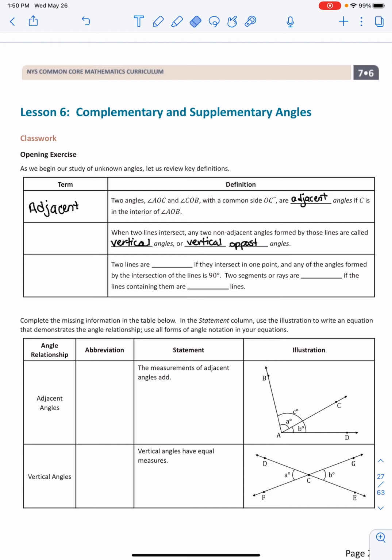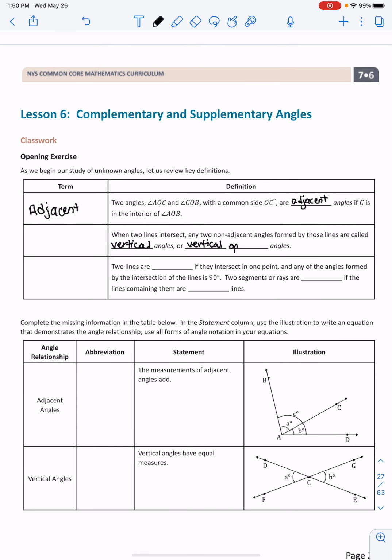Sorry, I have to learn how to spell. So the two terms here are vertical and vertical opposite.